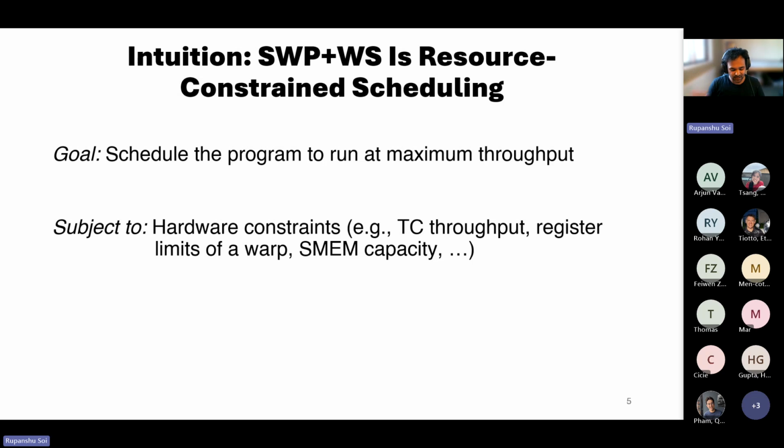And as we go on, I will try to explain that the problems of pipelining and warp specialization must be solved jointly. Pipelining decisions deeply interact with decisions about warp specialization, and the only way to obtain schedules that achieve peak performance on our GPUs is to solve these two problems in a joint manner.